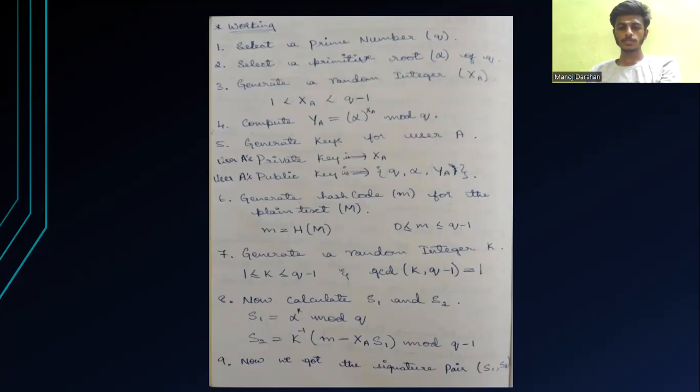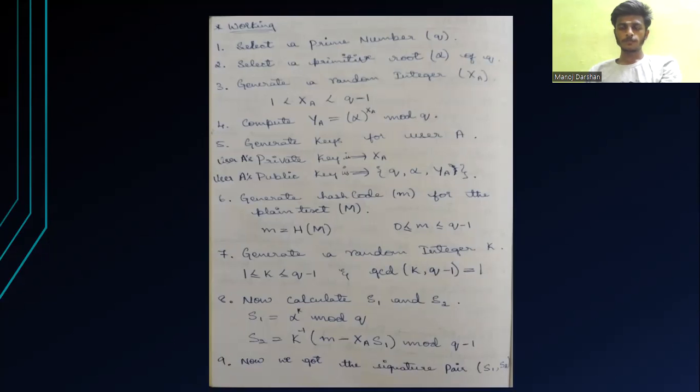In the next step, we need to also generate a random integer K such that K is greater than or equal to 1 and less than or equal to q minus 1, and GCD of K comma q minus 1 must be equal to 1.